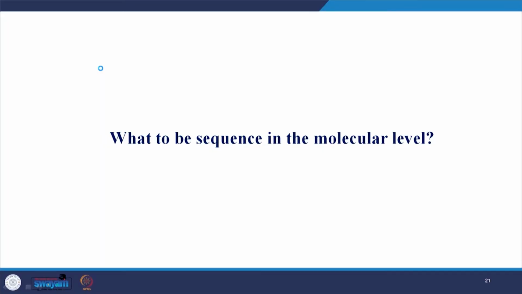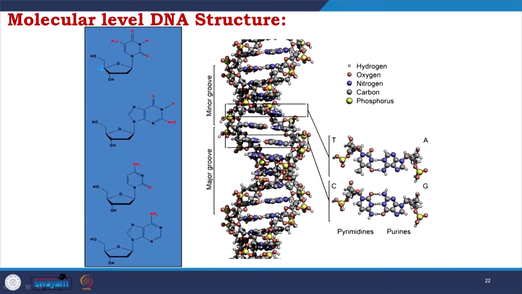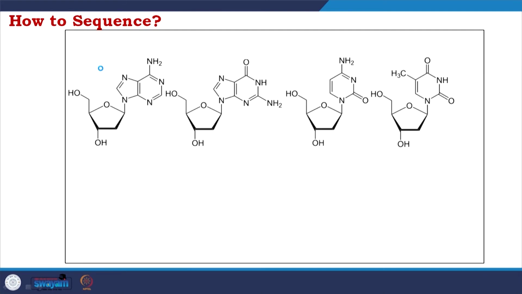But if we want to sequence, what would be the molecular mechanism to choose selection? We already talked about the molecular level of DNA structures. We know that they differ only in the nitrogenous bases. So, we have taken the nitrogenous bases along with the sugars.